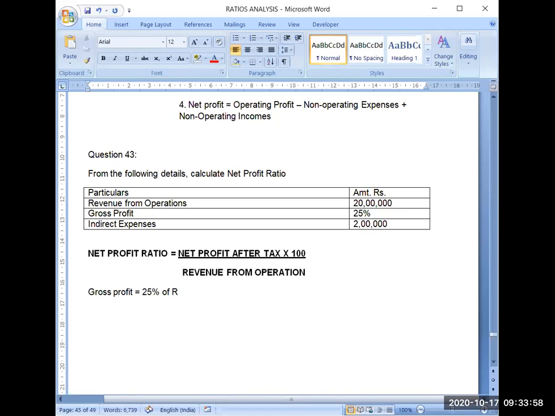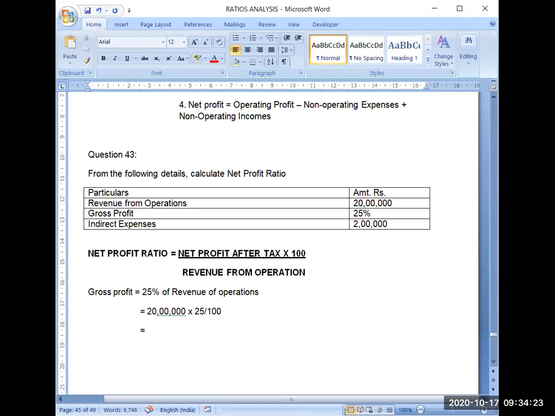You should always write these things. That will be equal to 20 lakh multiplied by 25 upon 100, which is 1/4.